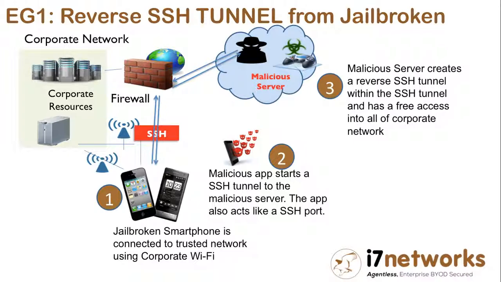It starts an SSH tunnel between the device and its malicious server outside, through its malicious app already present, and then the malicious server creates a reverse tunnel from the server through this tunnel into the device, where the device acts like an SSH port and can access corporate resources, and your perimeter security has no clue what's happening. This is one of those methods where a malicious server can access all of your corporate resources through a jailbroken device, and it goes completely unnoticed. This is what we call the reverse SSH tunnel.